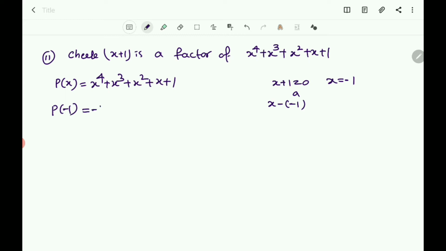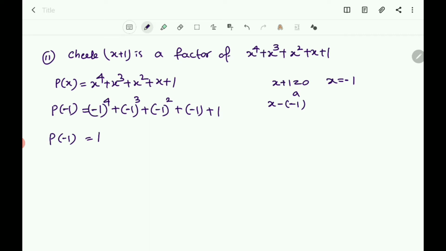Then it becomes minus 1 whole to the power of 4 plus minus 1 whole to the power of 3 plus minus 1 whole square plus minus 1 plus 1. Then p of minus 1 is equal to minus 1 to the power of 4. Here the power is even, so minus 1 into minus 1 into minus 1 into minus 1 becomes plus 1.